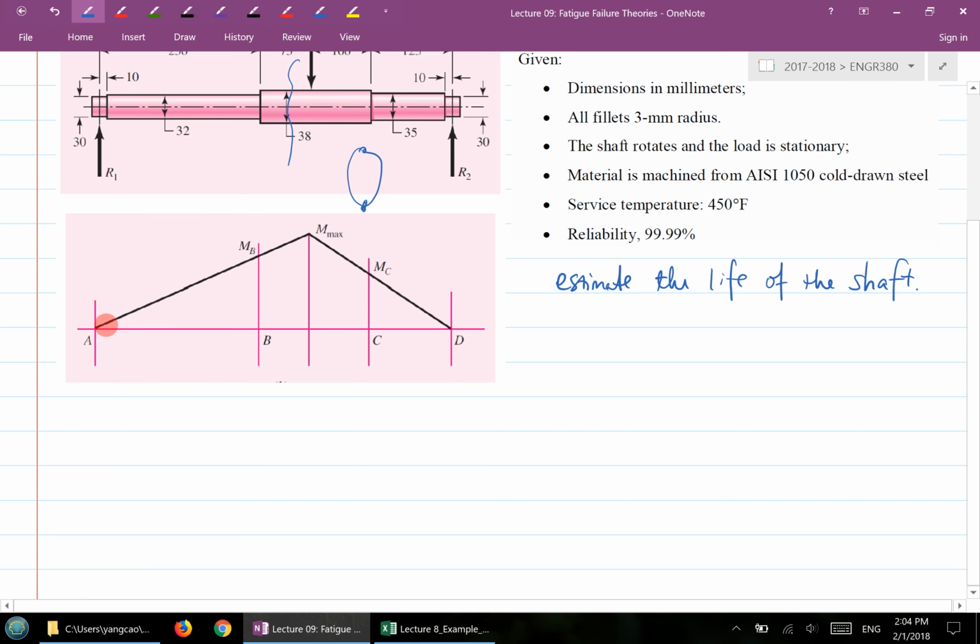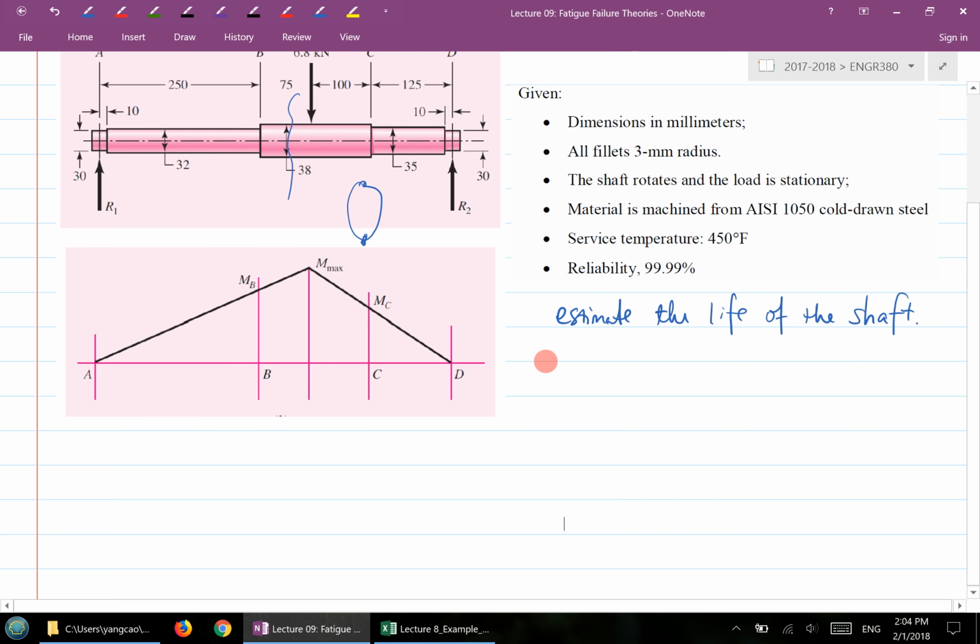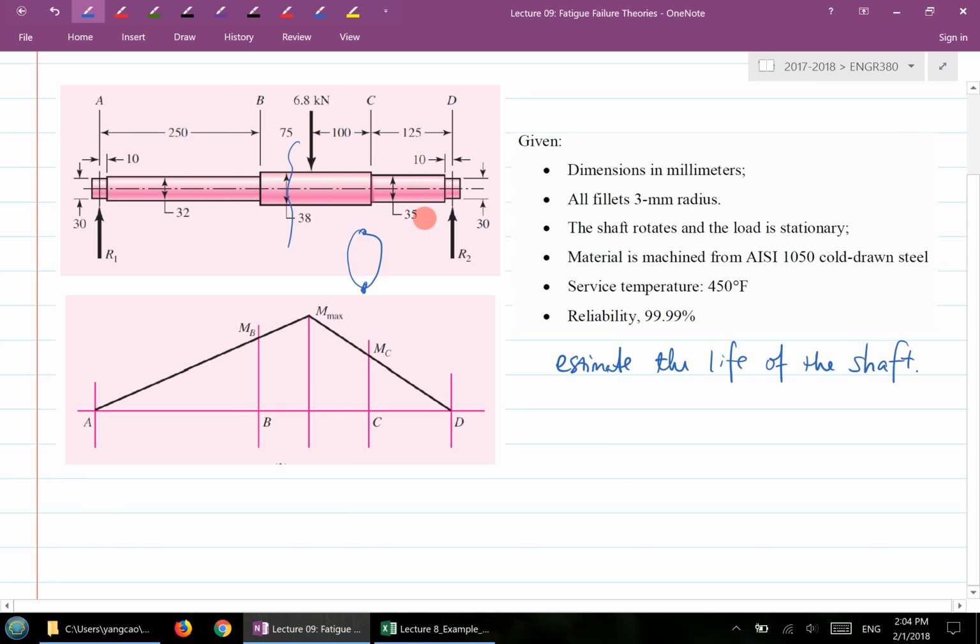So the question here is, what is the bending normal stress at the B location? Now remember, the working condition is that you have a constant force applied here, and the shaft is rotating. If you relate this to the R. R. Moore rotating machine, that's exactly the situation where you have this so-called completely reversed loading at each location, not just the B location.